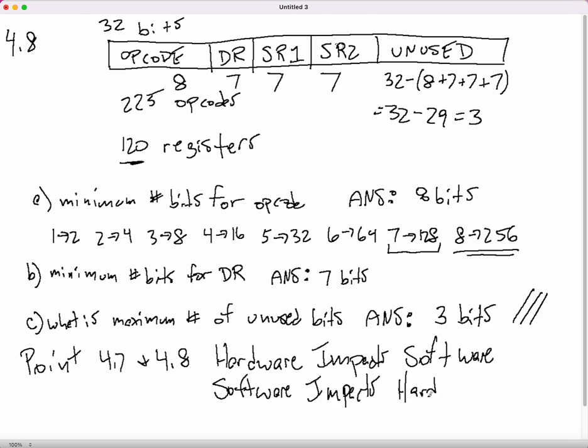The idea being that when you're designing a computer, when you make decisions like how big are the instruction sizes, how many registers are there, how many operations are you going to have, that impacts the size of everything. The size of the instruction impacts how many registers you can have or how many instructions you can have. Conversely, how many instructions you have, how many registers you have will impact the size of an instruction. So these two things are very, very interrelated with each other. And I know that that's the point that the author is trying to make to you.